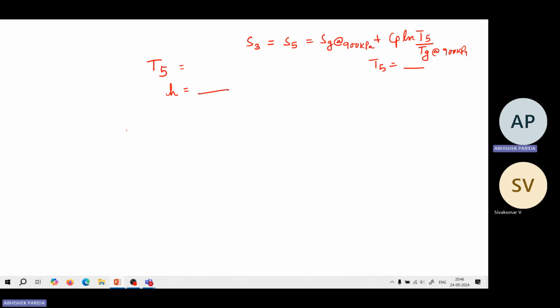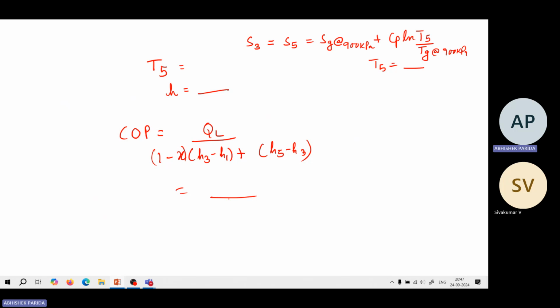Once all the values are done, COP is very simple. So QL divided by, remember to multiply the fraction, (1 minus x) into (H3 minus H1) plus the complete mass into (H5 minus H3). You will get your values. Try to find this one.